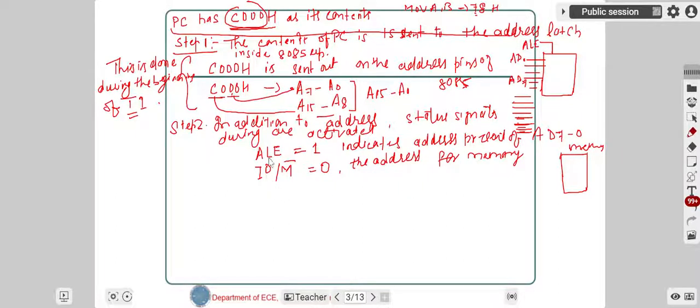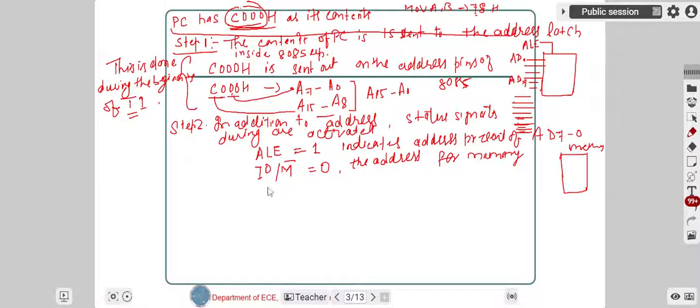If we are going to address an input output device, then and only then will this input output slash m bar signal become 1. But during the T1 clock cycle of the opcode fetch machine cycle, this signal always becomes 0, because it has to get this address, this C000H.